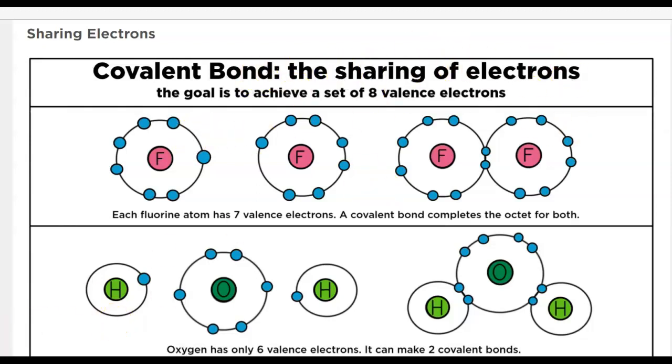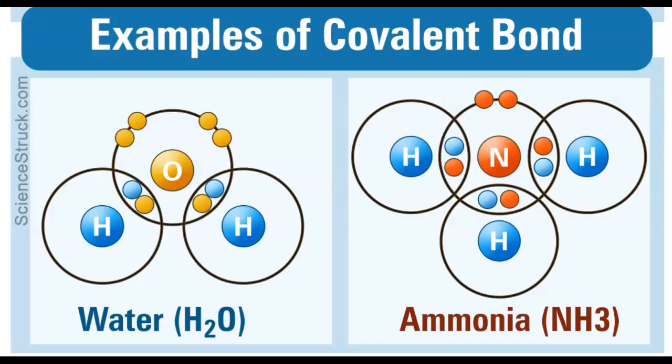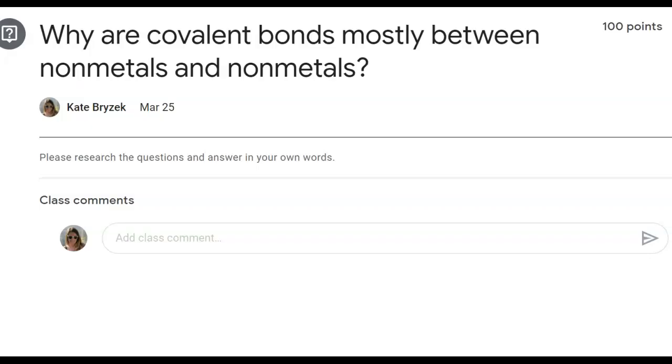Is it the sharing of electrons? And what is achieving equivalent electrons? What does that mean? Maybe we could use some examples of covalent bonds. Whatever you decide, make sure that you use evidence, academic language, and examples to support your answer on why covalent bonds are between nonmetals and other nonmetals.